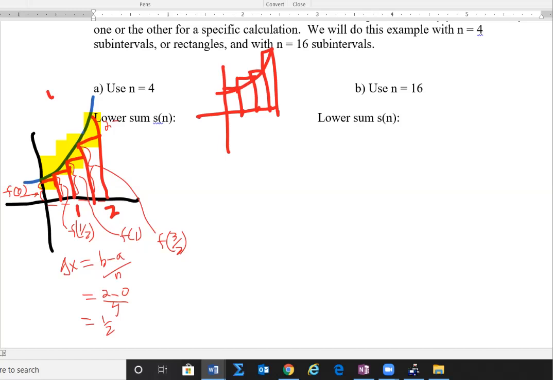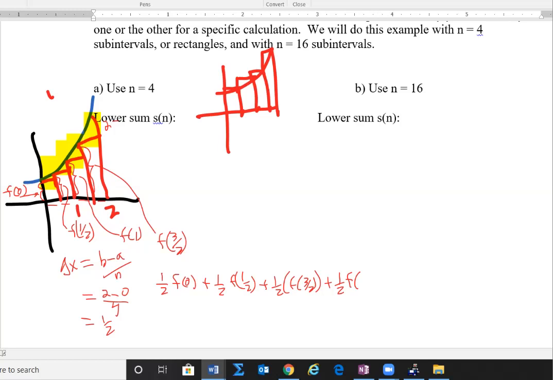So without using any formal summation, for our first rectangle, we have 1/2 times the height f of 0, plus 1/2 times f of 1/2, plus 1/2 times f of 1, and plus 1/2 times f of 3/2.